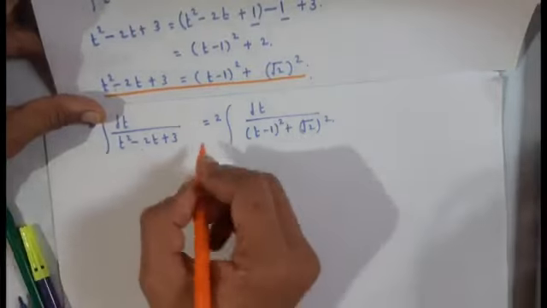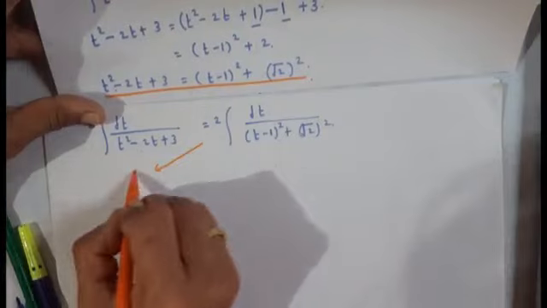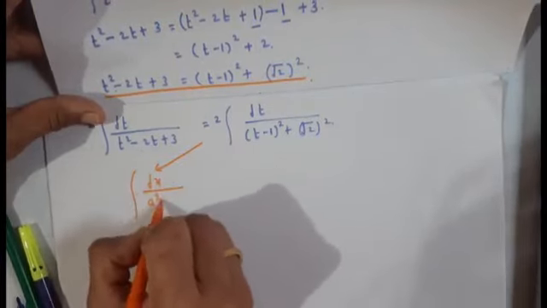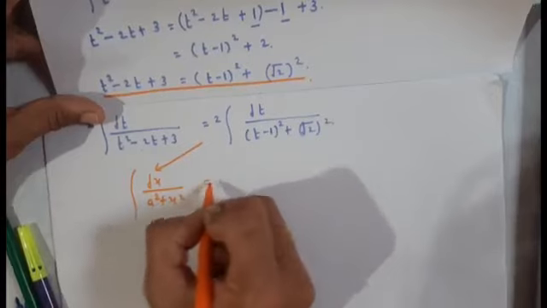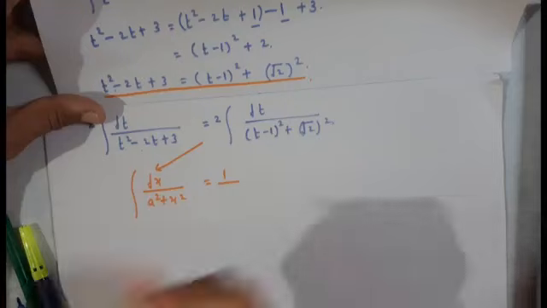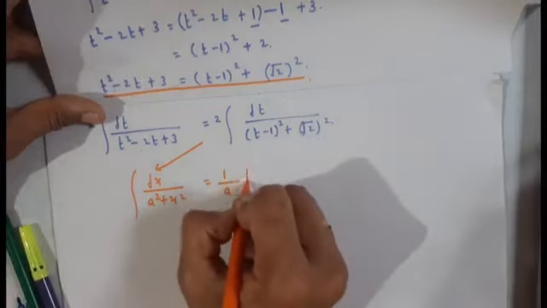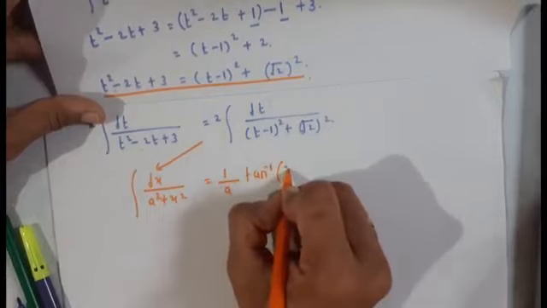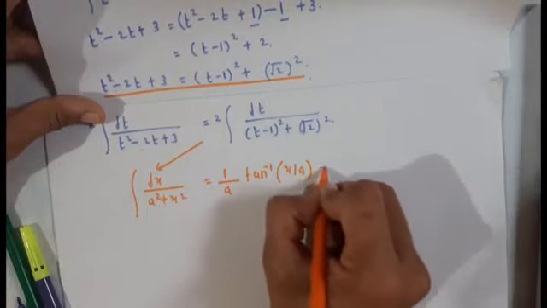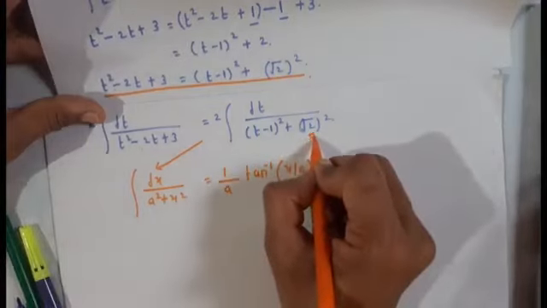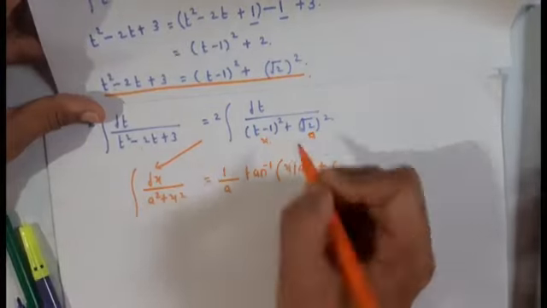This is of the form integration with respect to x, 1 upon a square plus x square, that is 1 by a tan inverse of x by a plus constant of integration c. So this is the value of a and this is the value of x.